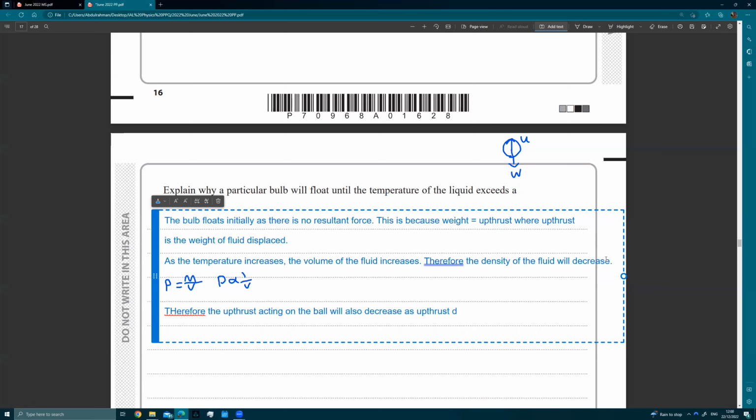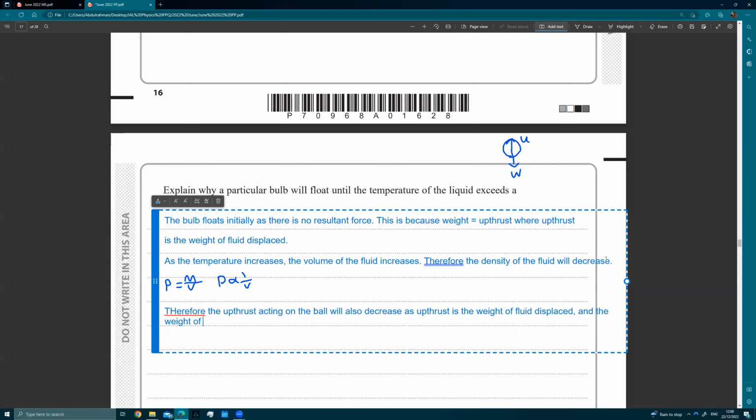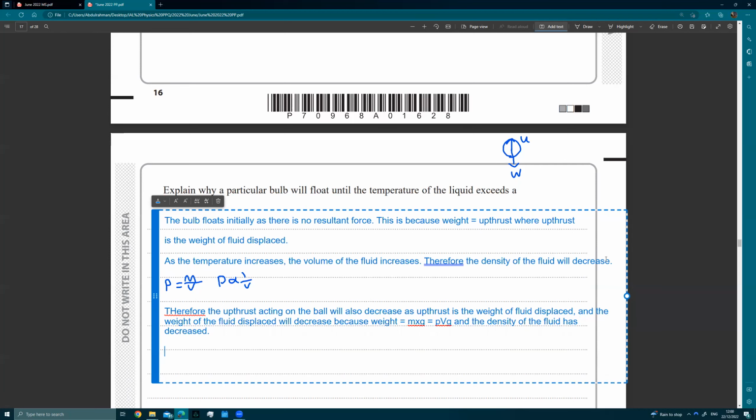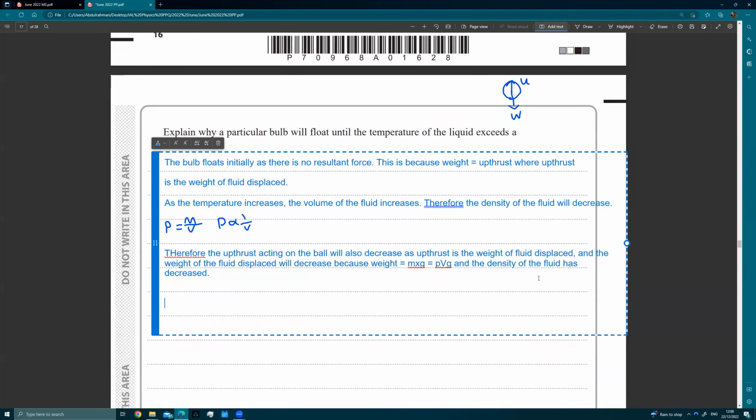Therefore, the upthrust acting on the ball also decreases as upthrust is the weight of fluid displaced, and the weight of the fluid displaced will decrease because weight equals m times g, which is equal to the density times volume times g, and the density of the fluid has decreased. Something along those lines. I probably phrased this really awkwardly. I'm sure you could do better.